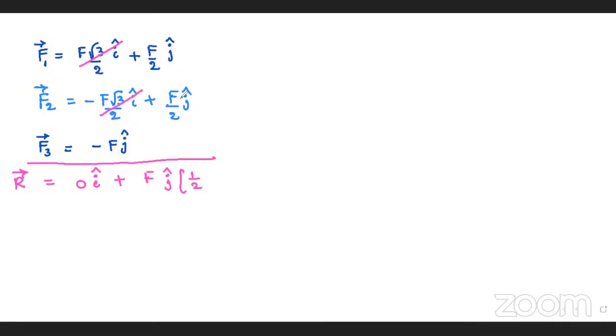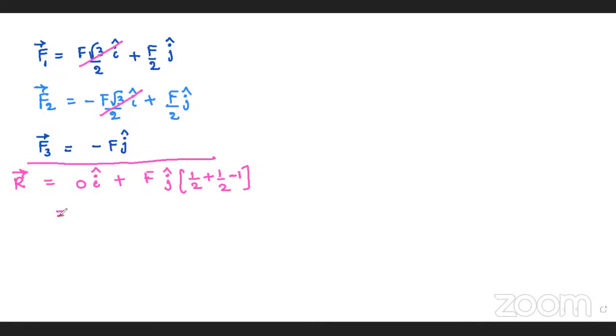In the second one also I am getting 1 by 2. F j cap is taken common. Plus 1 by 2. And in third one, if I take fj cap common, here you have minus 1. So once again you check here the magnitude. Half plus half is 1, 1 minus 1, 0.